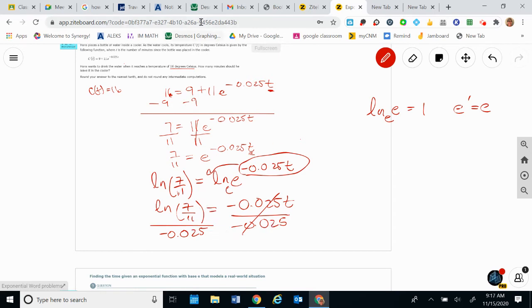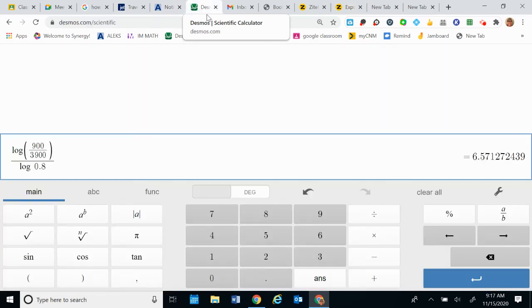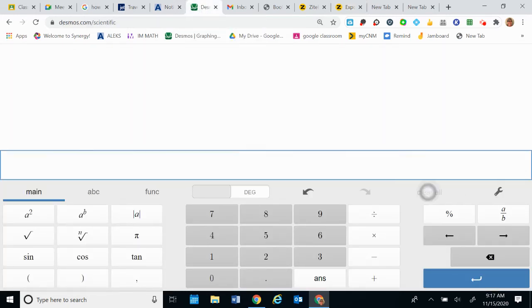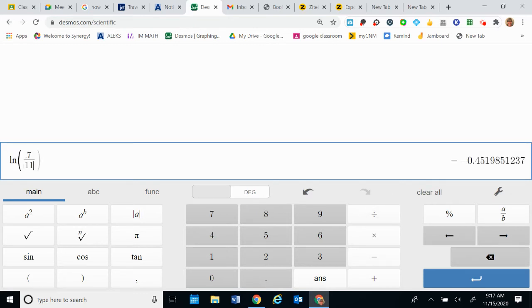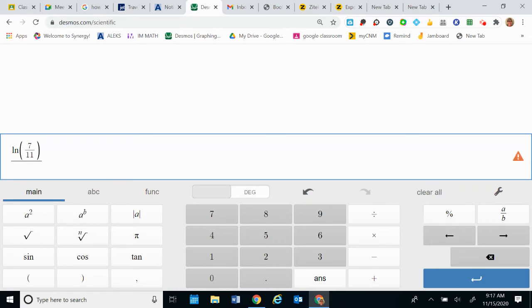So we're going to plug that into our calculator now. Here we go. We get ln of parentheses 7 divided by 11, close parentheses, divided by negative 0.025.